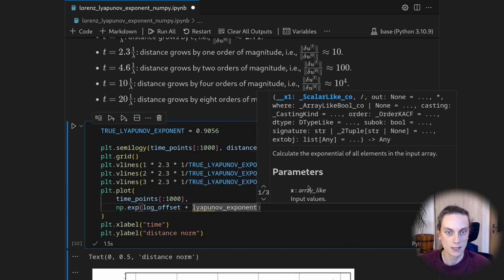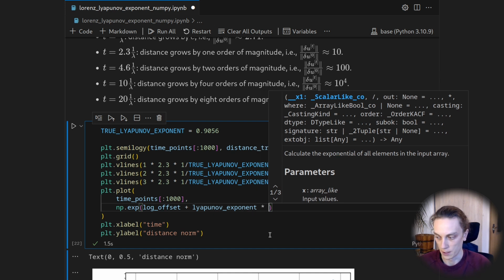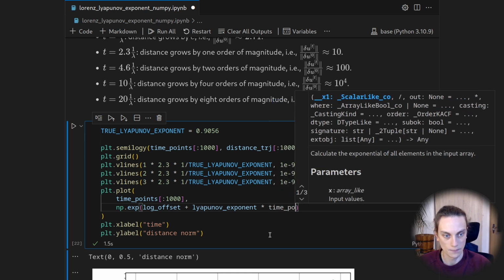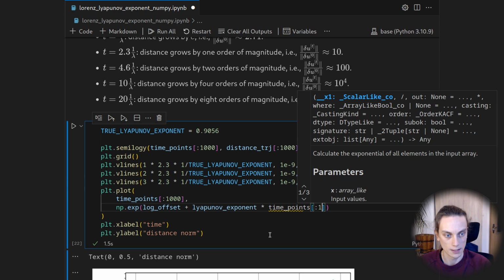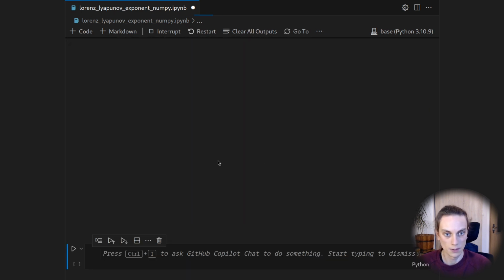And here it's a bit inconsistent, but now I'm using the fitted Lyapunov exponent just to really see what the polyfit did, and then multiply that one with the time points indexed up until 1000.